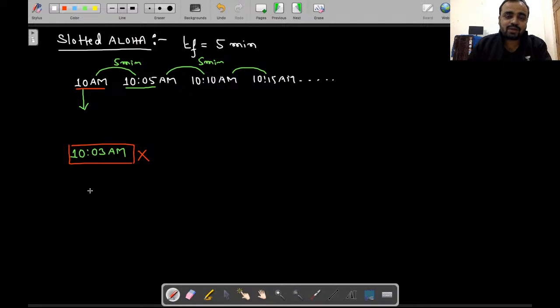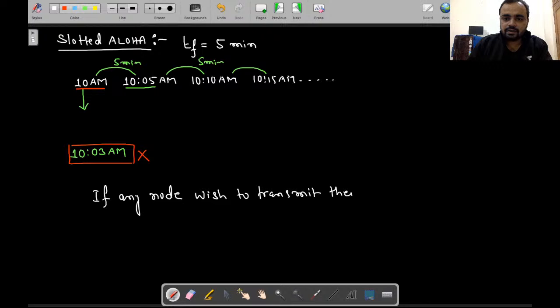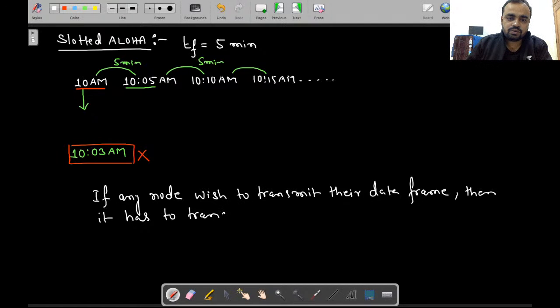What is the concept? If any node wishes to transmit its data frame, it has to transmit at the beginning of a time slot.